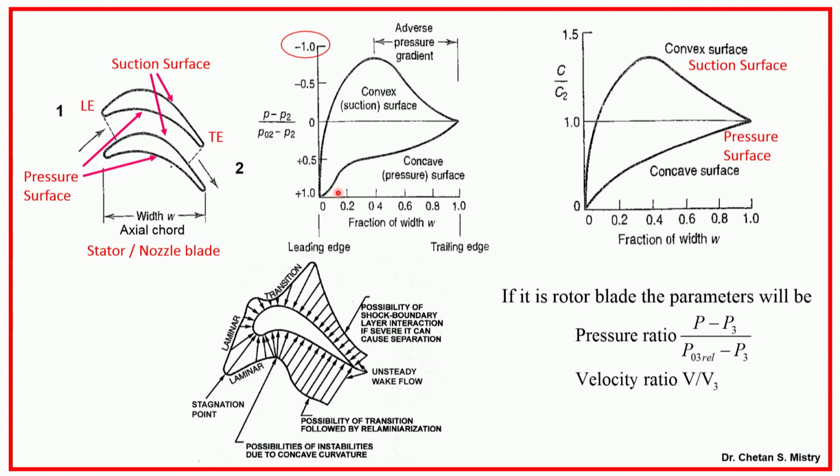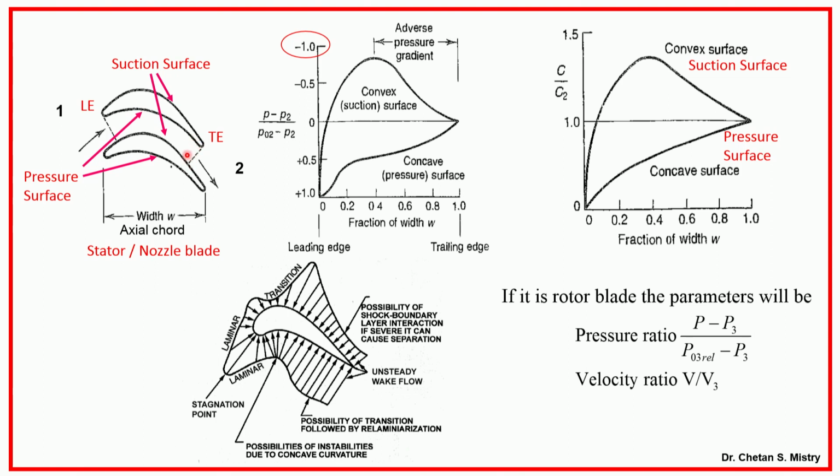Similarly, for the turbine, the area under this curve represents the work that will be generated by the turbine. Okay. Here we have the leading edge and trailing edge. In the passage, this region is defined as the throat region, which has the minimum area.